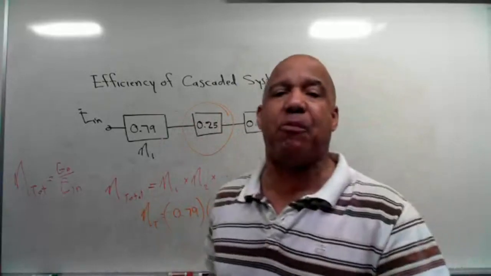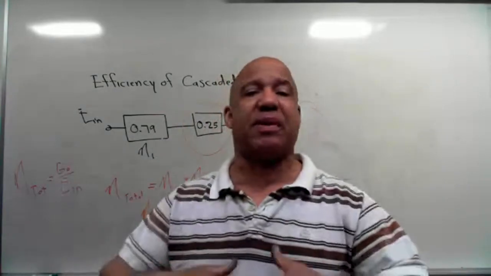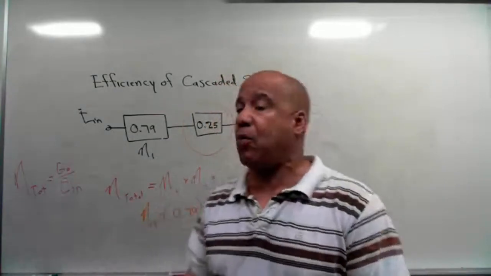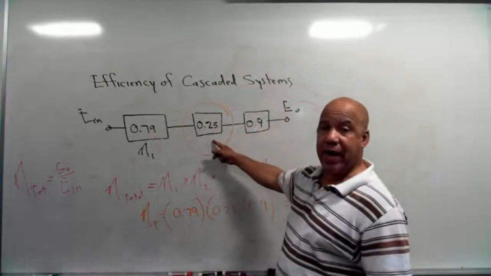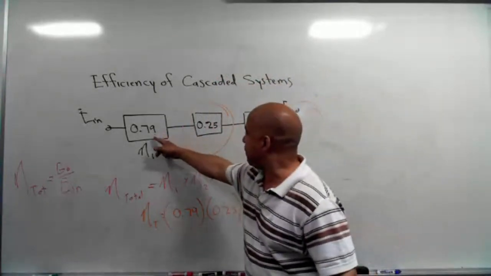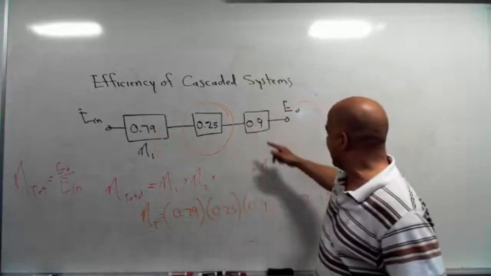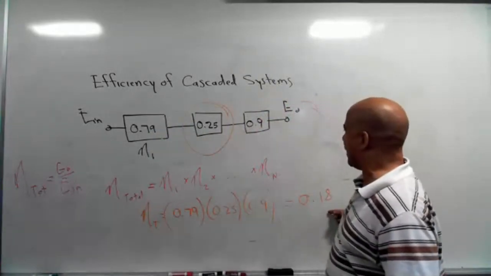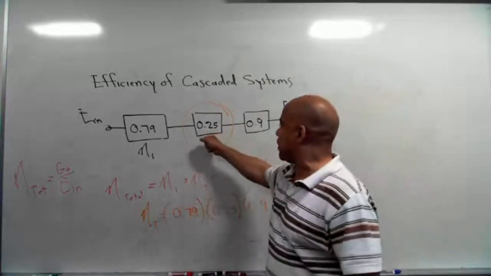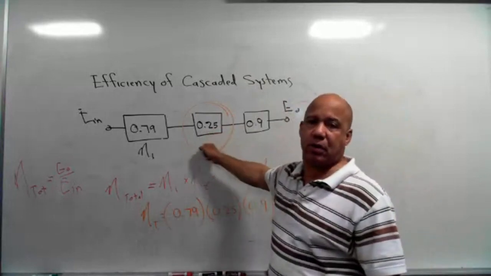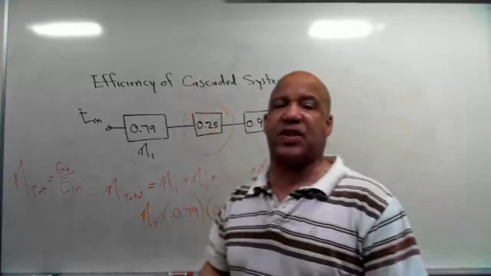So if your job was to increase the efficiency of some cascaded system, you probably don't want to spend much time here or here. This is what's pulling you way down from 80%, 79 there, 90. This is way below, 18, because of that. So if you're being paid, you probably want to focus on, hey, what can I do to this transducer to get its efficiency up?